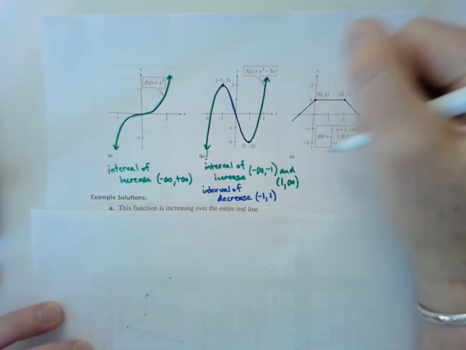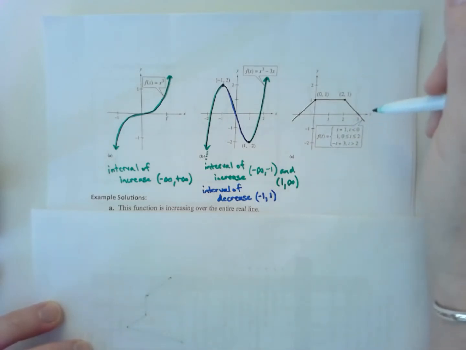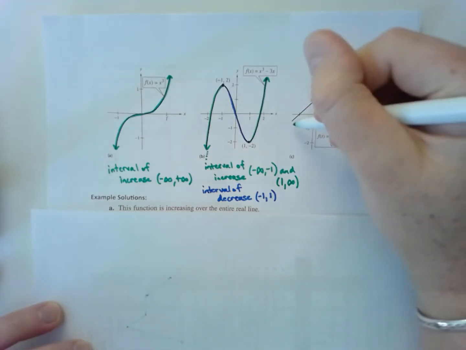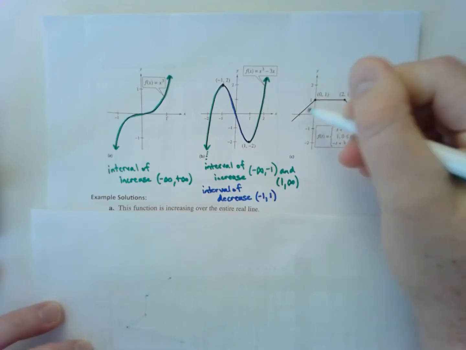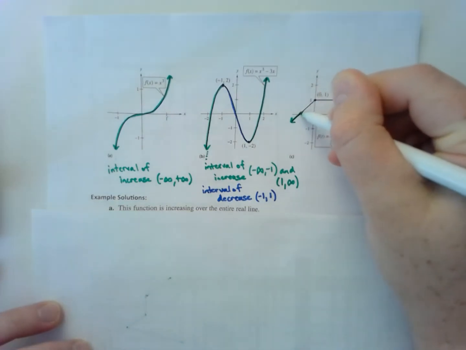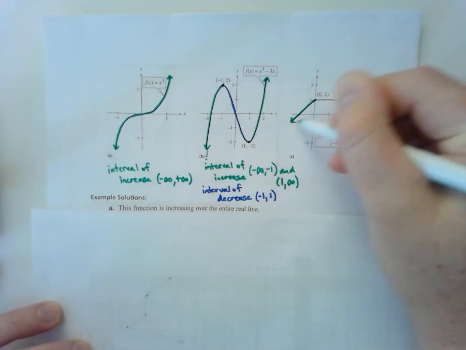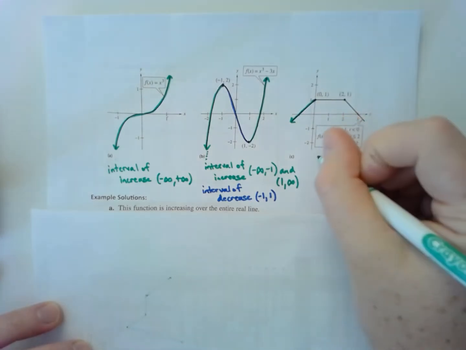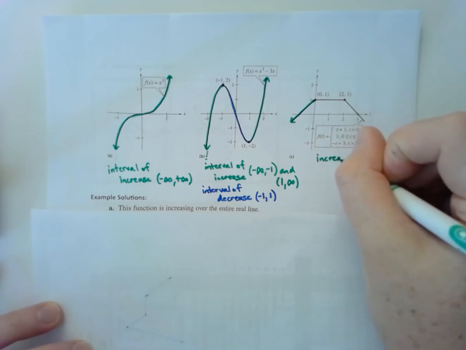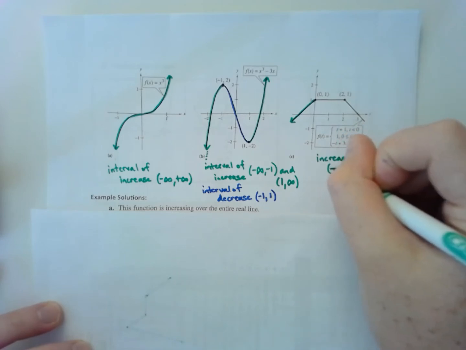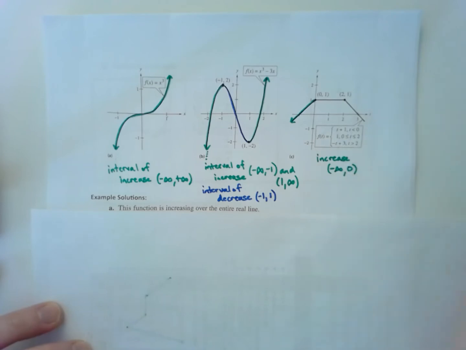And then in example C, this one is a piecewise function. So it has three different functions in one. But we're just looking at the graph to pick out what's happening. So from negative infinity up to x equals 0, it's increasing. So let's write that in green. So it's an increase from negative infinity up to 0.